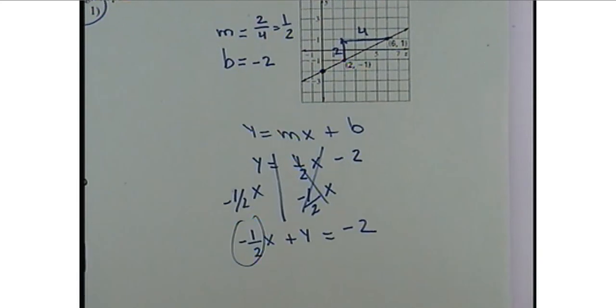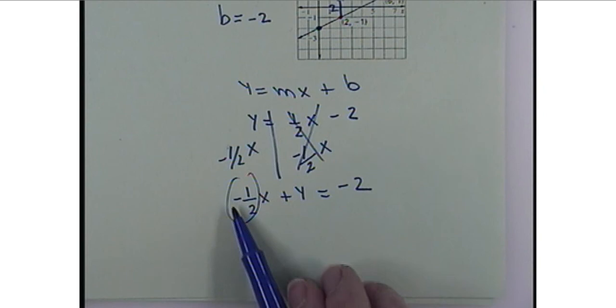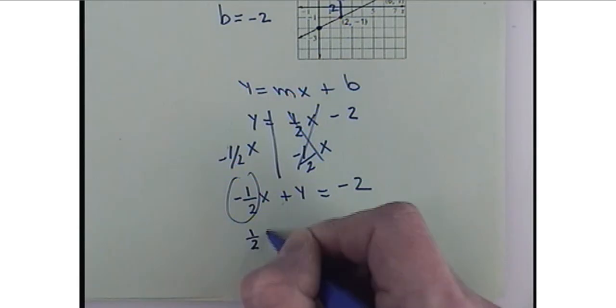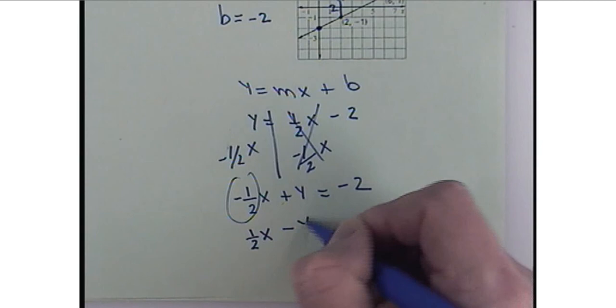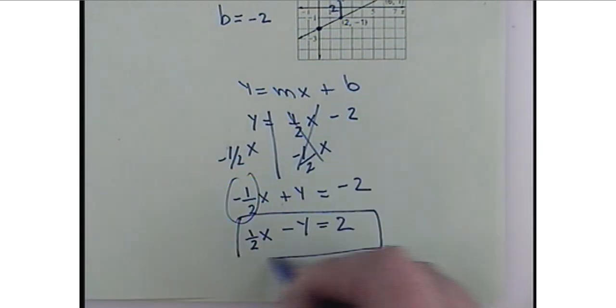We don't want to leave it like that because standard form says so. So we said if this is negative, just change the sign of every single term to the opposite. So now we change this to positive 1/2 x. This becomes from positive y to negative y, and this from negative becomes positive 2. And that will be the final answer.